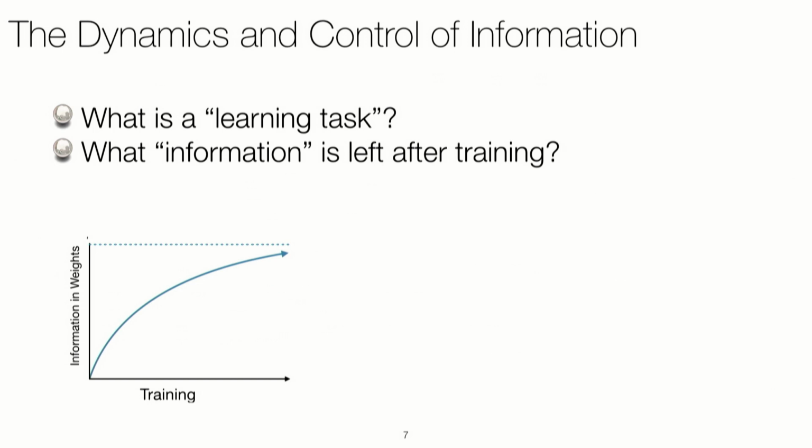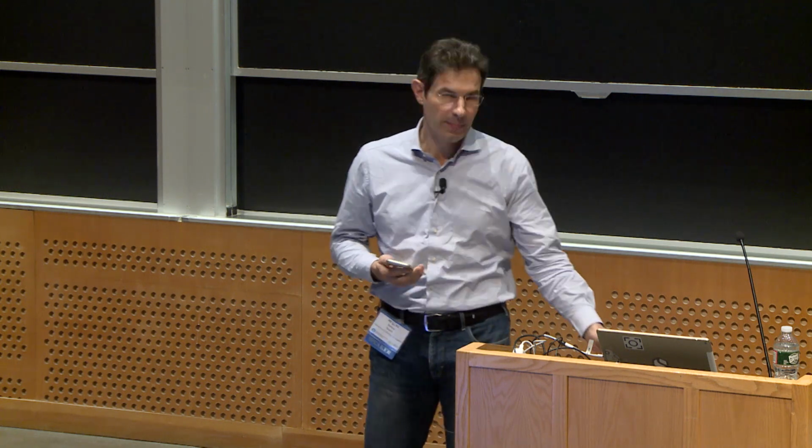So if you can hypothesize how that would go during training, you would imagine that as you learn the amount of information in the weights of a network, or the amount of information the model knows about the task, grows and maybe reaches an asymptote with diminishing return.